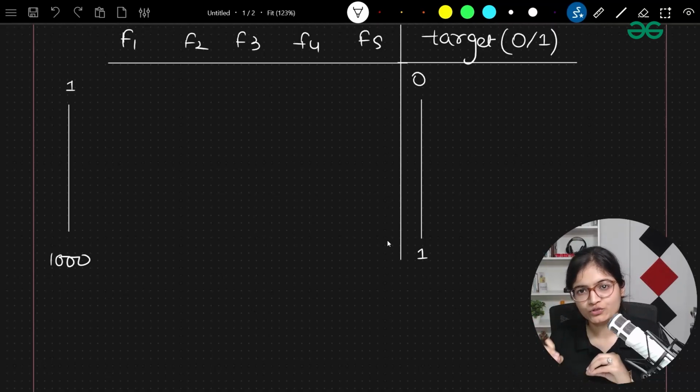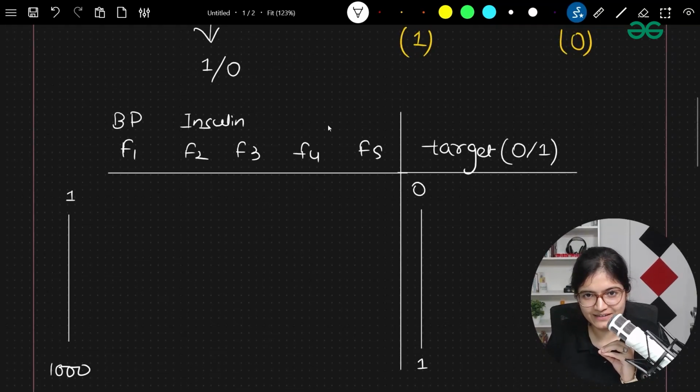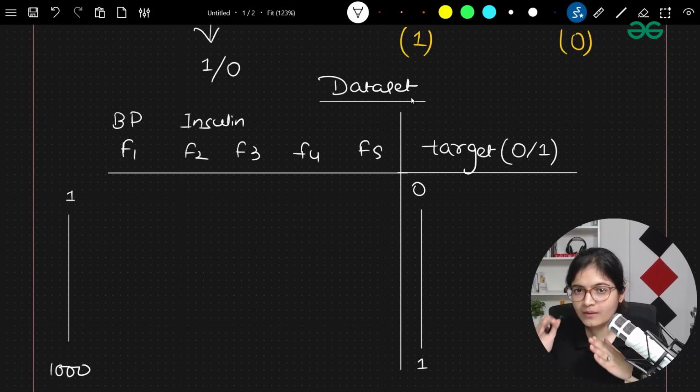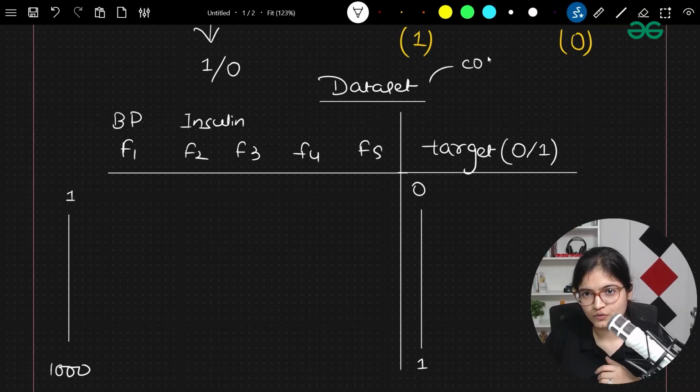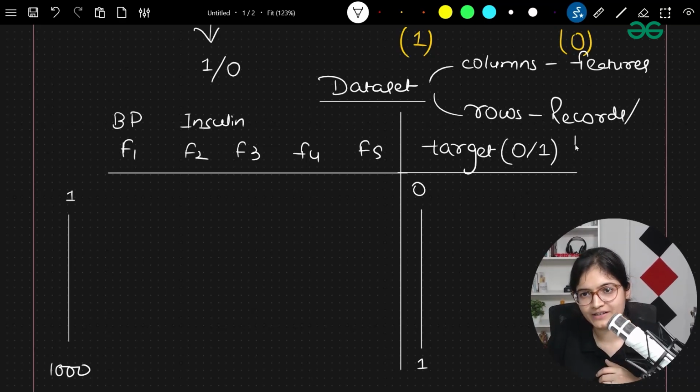But as of now, just think that we will have a data set. This is something which we call a data set, composed of rows and columns, where the columns are what we call features. So in my sessions, the columns will be the features of that data, and the rows will be the set of records or data points, in machine learning terminology.